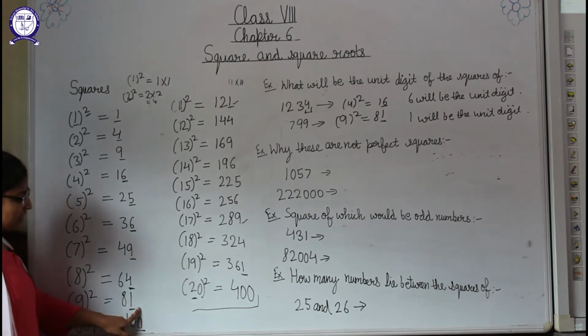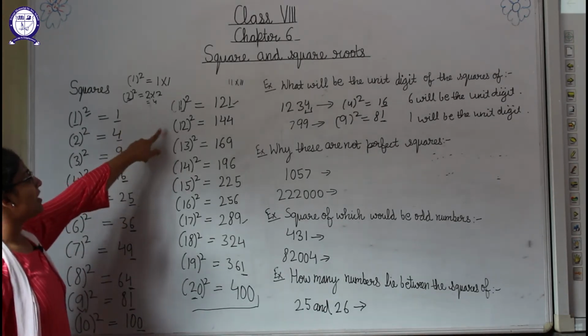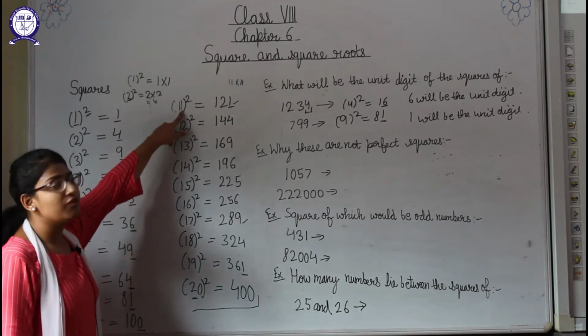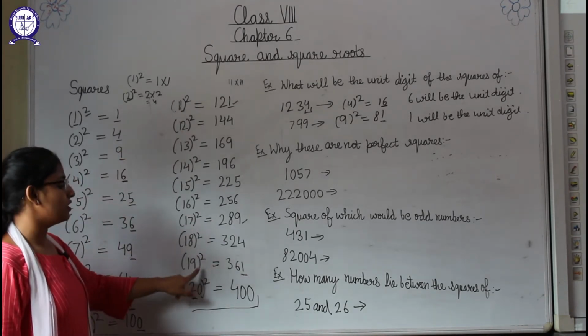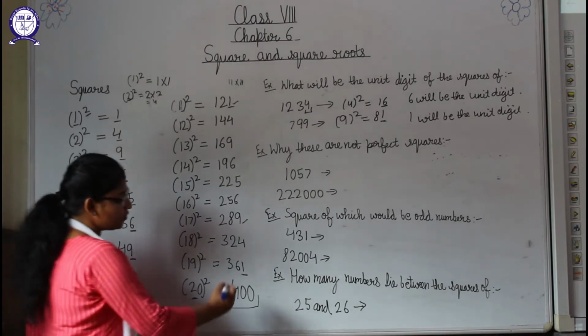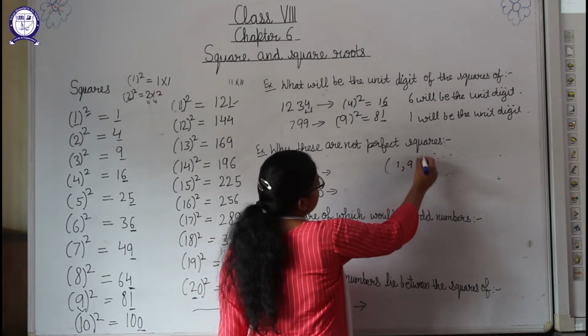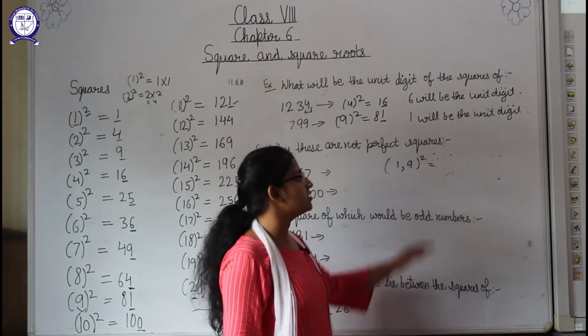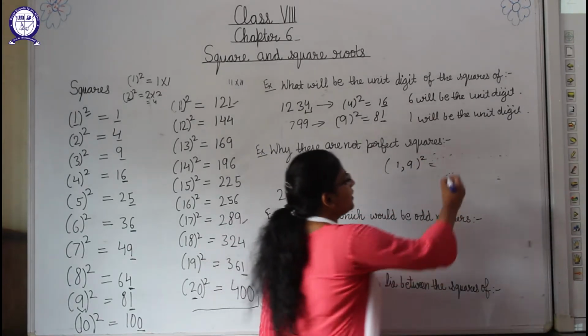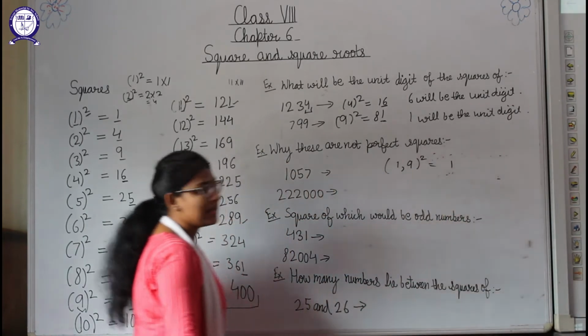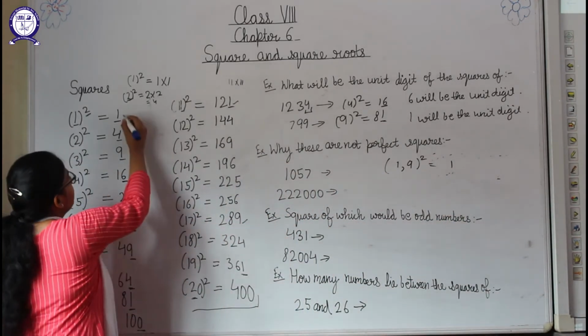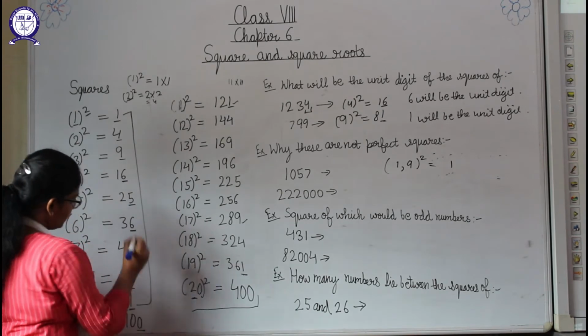Whenever we are doing the square of a number ending in 1 or 9, we will get 1 as the unit place digit of the square. This 1 and this is 1.